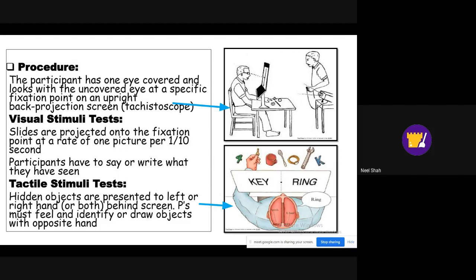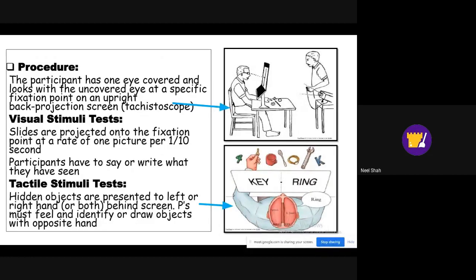If you've ever had an eye test at an optician, it's something similar, where you have to look through one eye. But the slides were done very fast. One picture every tenth of a second, so basically 10 pictures every second.